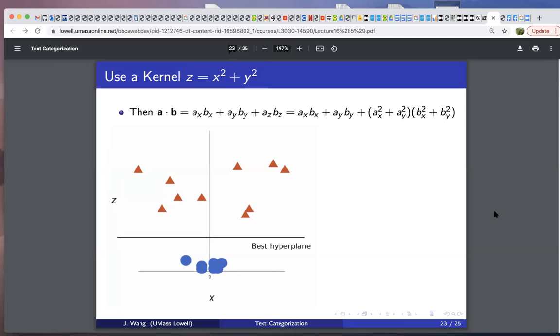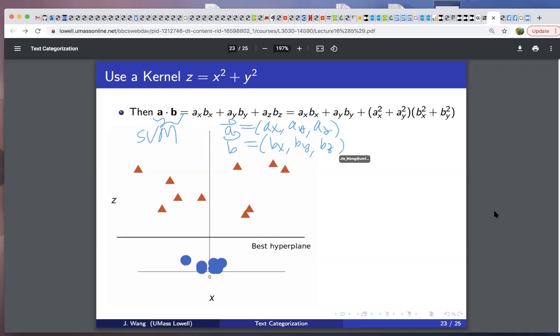Then for any product in our SVM, we are going to replace the corresponding dimension with this kernel. For instance, say A is AX, AY, and now I raise it to one more dimension, so I have AZ available. B is the same, BX, BY, BZ.